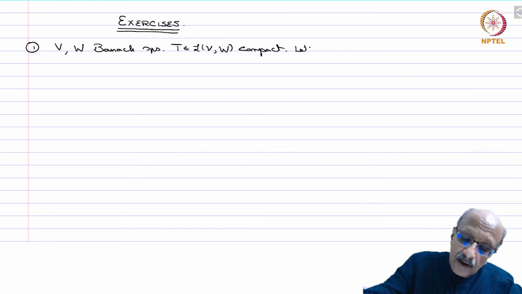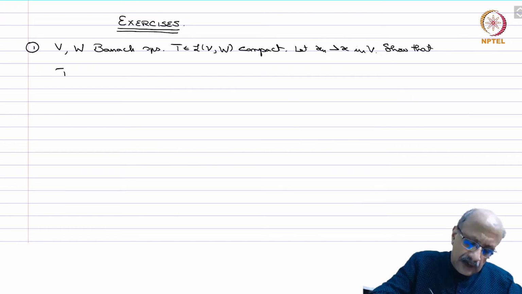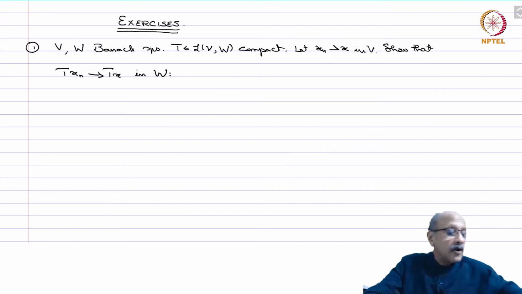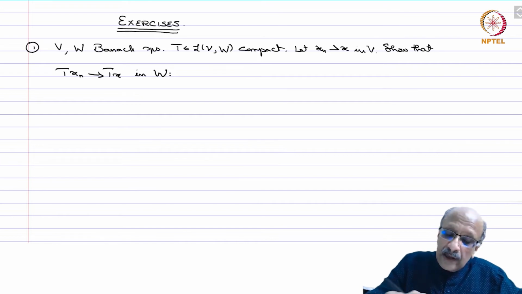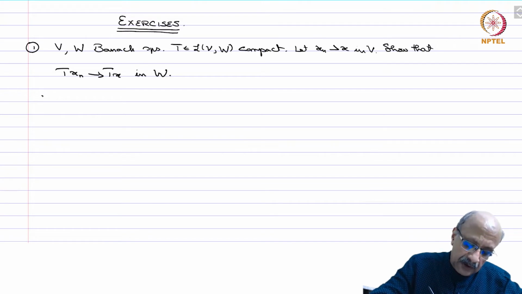Let x_n weakly converge to x in V. Show that Tx_n converges to Tx in W. So a compact operator converts a weakly convergent sequence to a norm convergent sequence in the range. Okay, so that is the powerful property of compact operators.